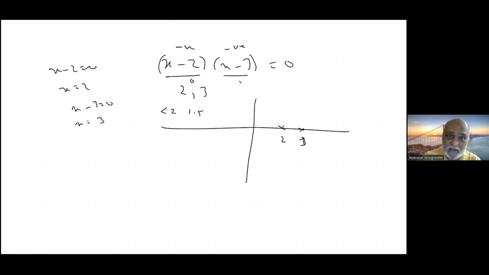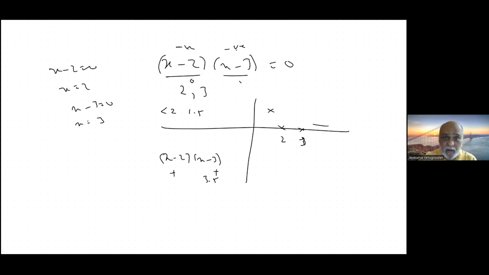So for any value less than 2, the function is going to be positive. Similarly, if you take any value greater than 3, say 3.5, x minus 2 into x minus 3 will be positive, positive. So beyond 3 it is positive.